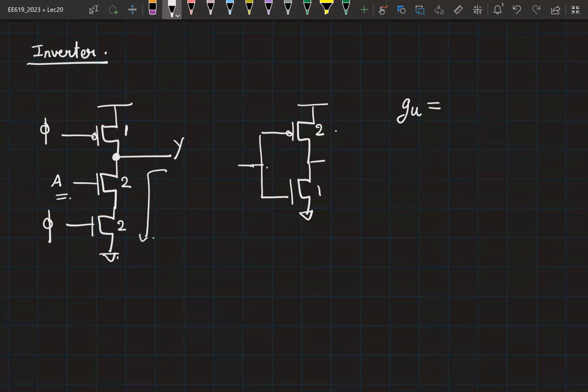You are making the A minimum sized. So if you make this also as 1, then the effective resistance is higher. So here you have a pull down resistance of R. Here the pull down resistance is 2R. The output drive current is now much lesser compared to a reference CMOS inverter.